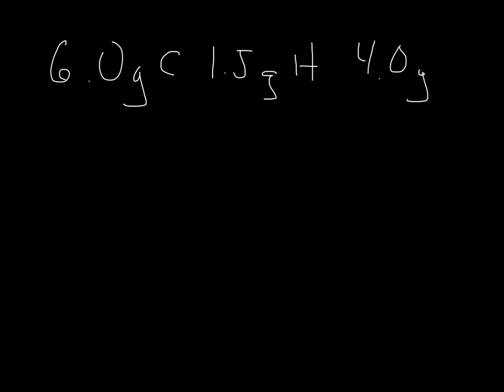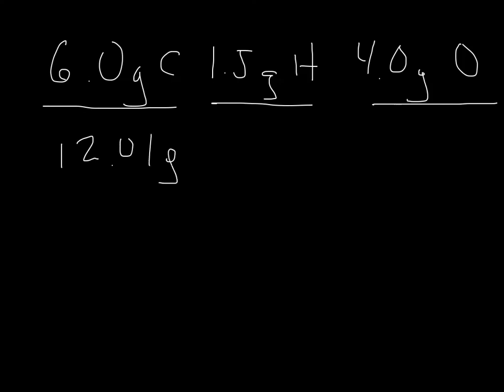Okay, so we're going to take the 6 grams of carbon, the 1.5 grams of hydrogen, and the 4 grams of oxygen. And we're going to convert each one of those to moles by very simply dividing them by their molar mass: 12.01 grams of carbon per mole, 1.01 grams of hydrogen per mole, and 16.00 grams of oxygen per mole.